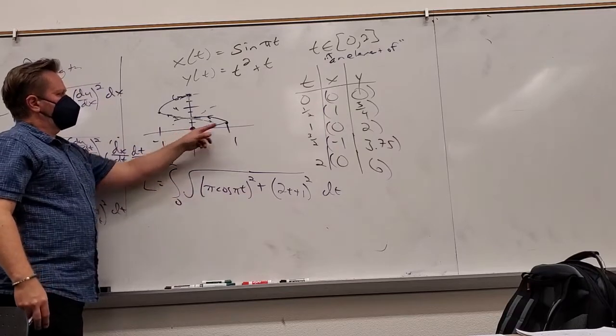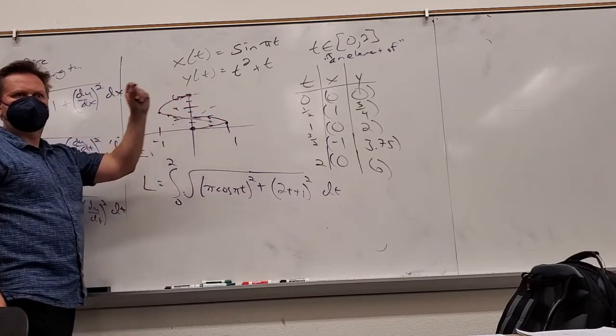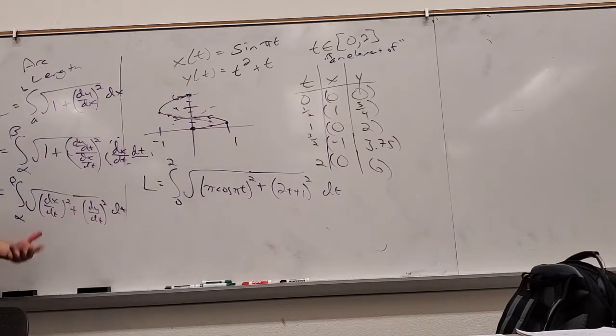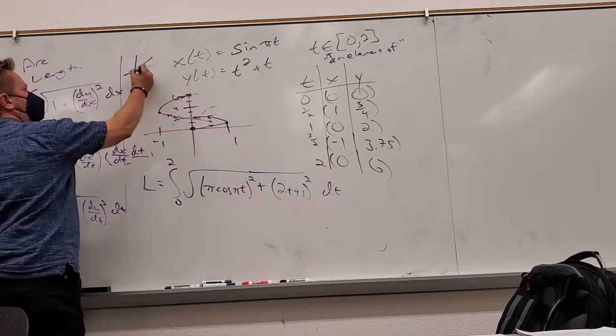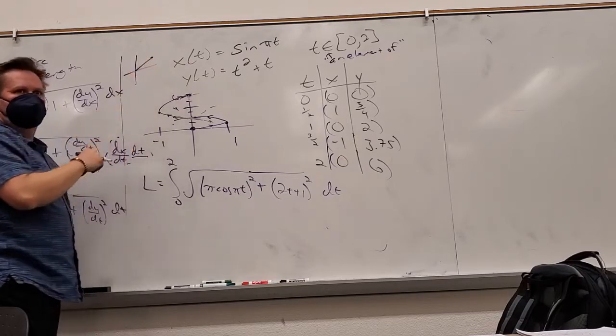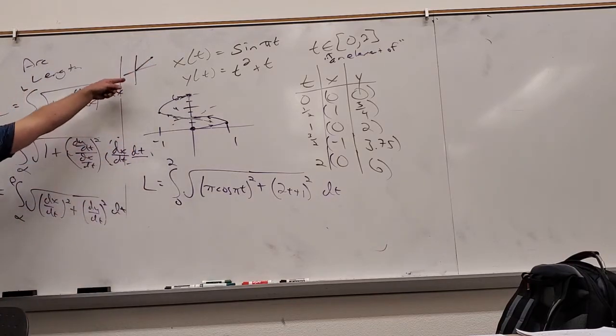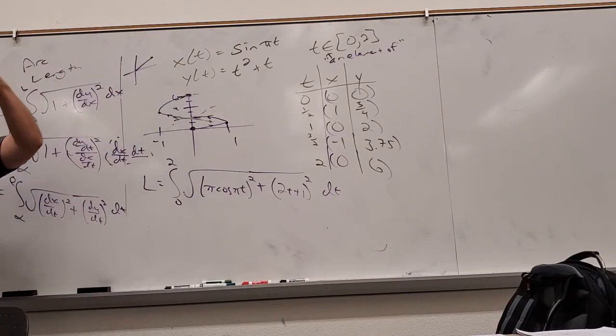The number you get would be how long this is. That's pretty cool. If I did it to a straight line, I wouldn't need to, because I can figure out how long it is, but the process would match what we would get anyway.